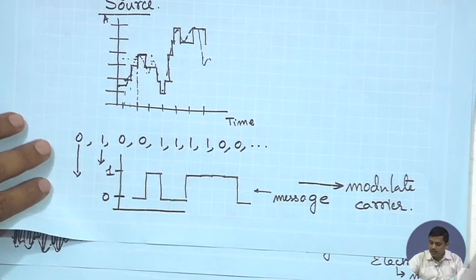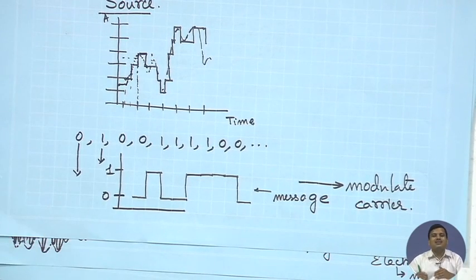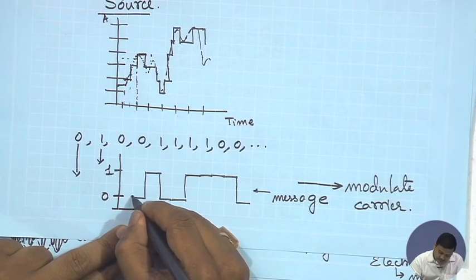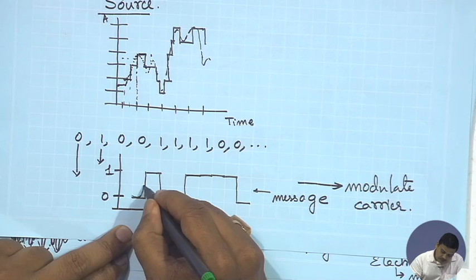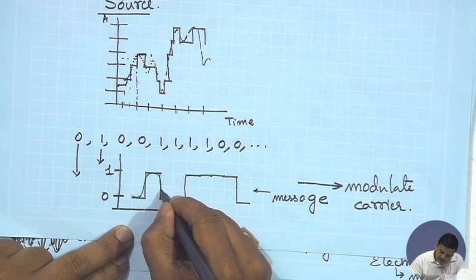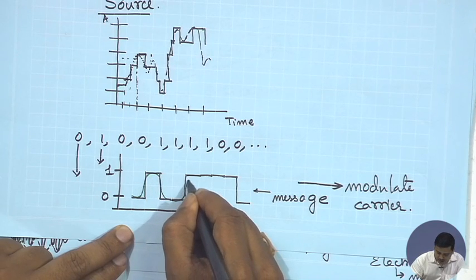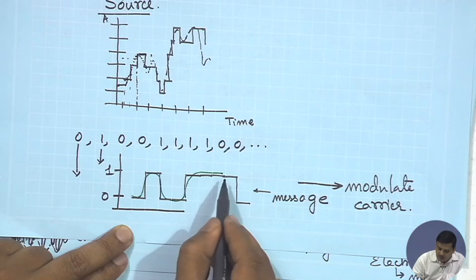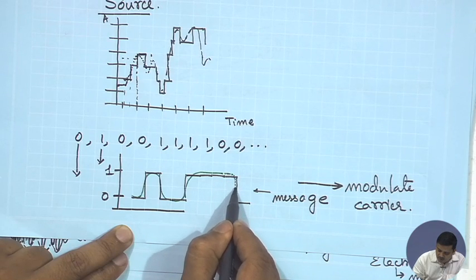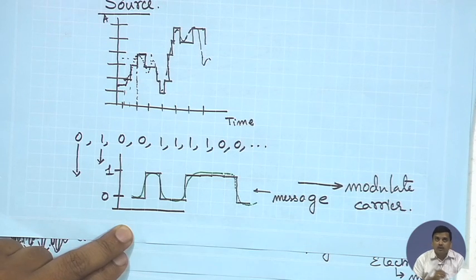If you ask what would be a similar continuous waveform, probably the continuous waveform I can imagine which is closest to this could look something like this. We can use the dotted shape, like this.